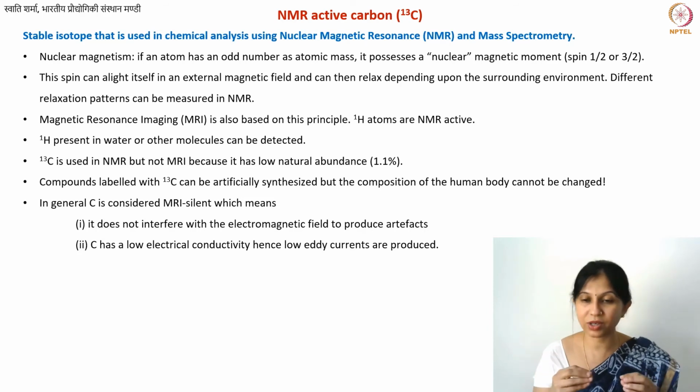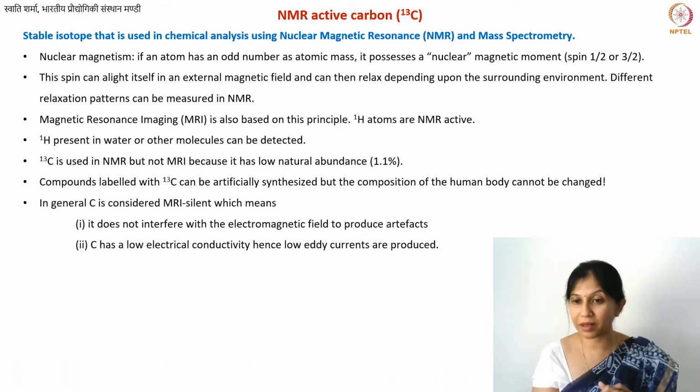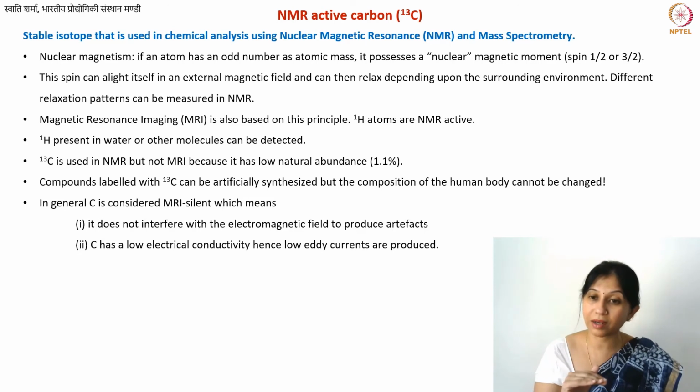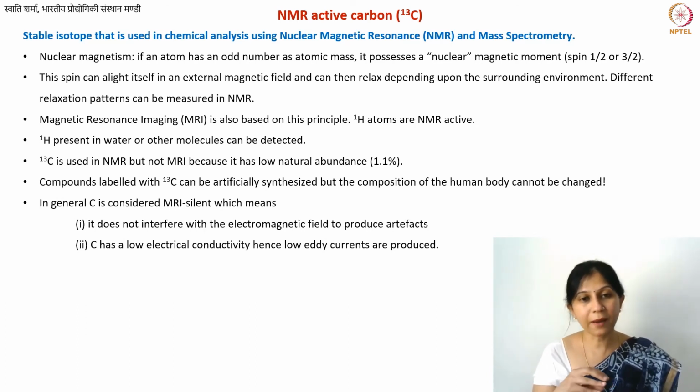As I mentioned previously, we can tune the conductivity just by changing the preparation method. We can have carbon with a little higher or lower conductivity. The one that we use in biomedical applications has a relatively low conductivity and good mechanical strength. And that is why this particular carbon does not have a lot of eddy currents produced in it.